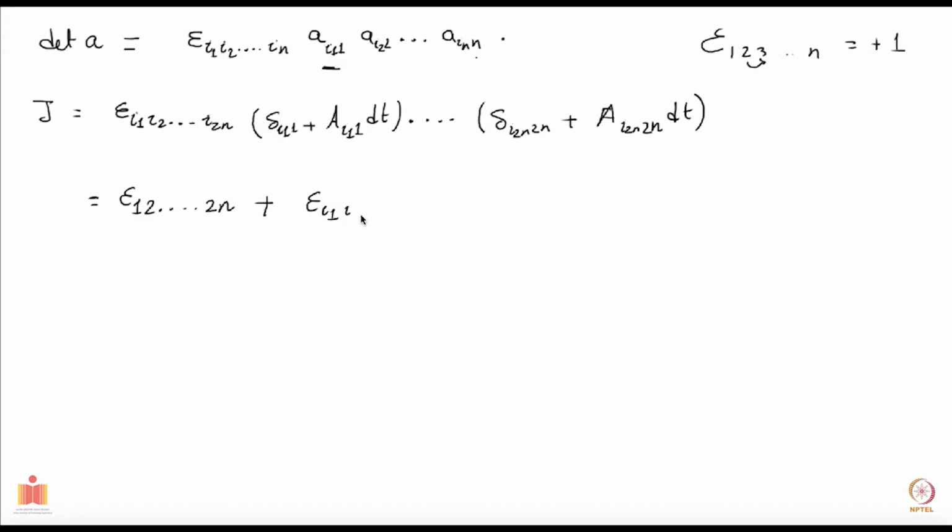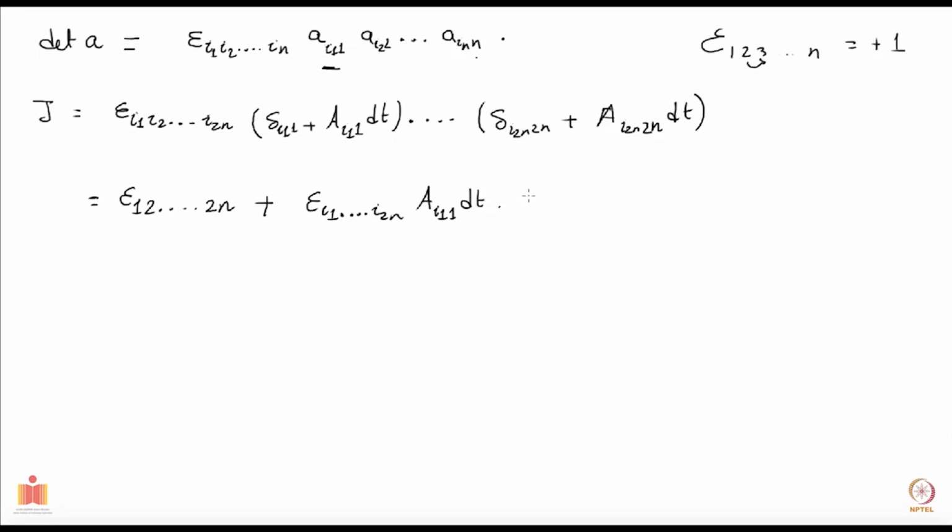Okay, let's reduce some labor in writing. So you are going to get a_{i1 1} dt, and all the others will be just deltas, right?